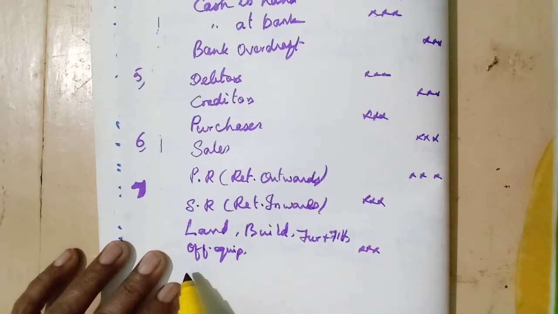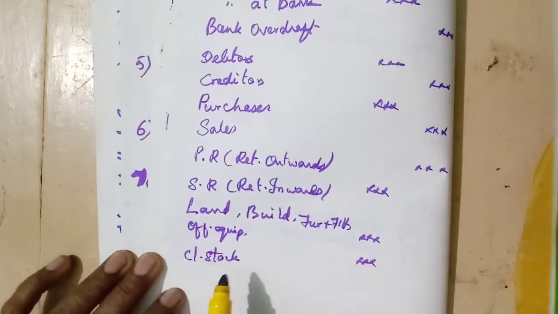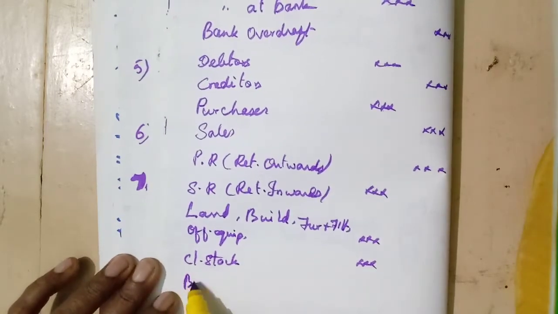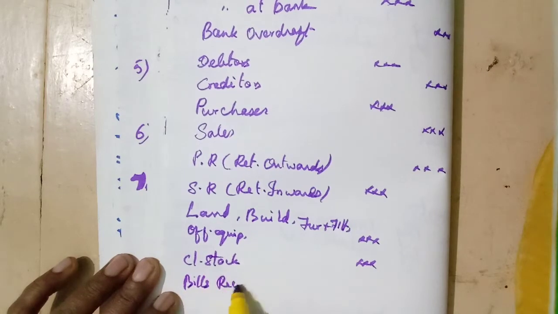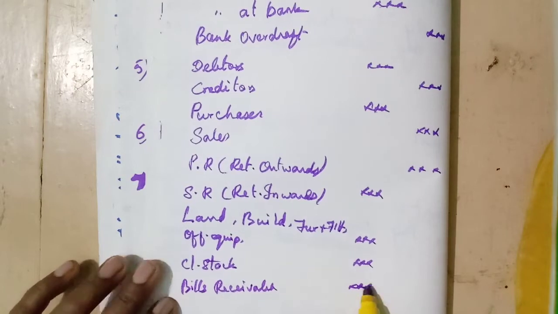Then closing stock, debit balance. Then bills receivable, debit balance.